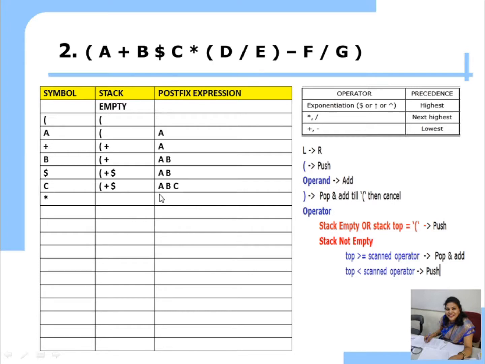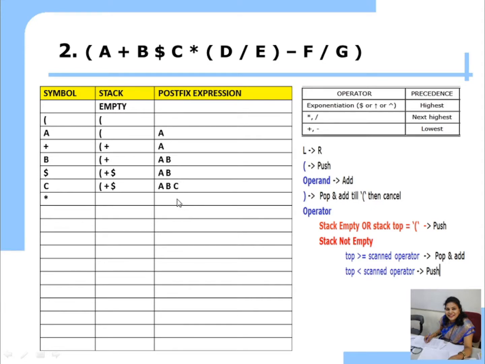After removing the dollar, what is at the stack top? Plus. So is plus greater than the multiplication? No, it is lower. If it is lower, then we are going to push. So see, whenever multiplication is encountered, whatever is present on the stack which is higher or equal gets popped from the stack and added to postfix, but whatever is lower will stay there only, and your scanned operator is pushed. So dollar will be removed from the stack and added here.